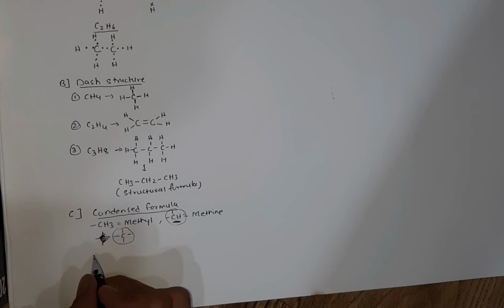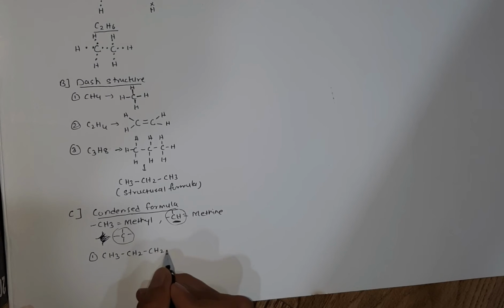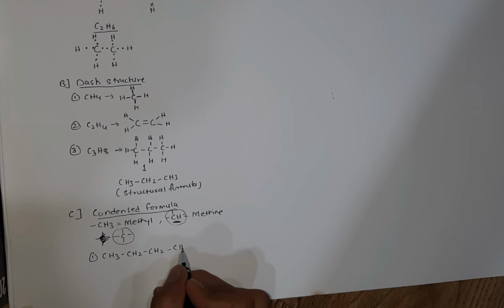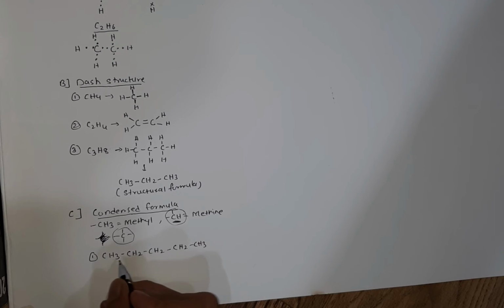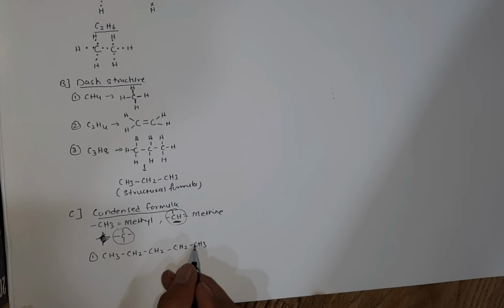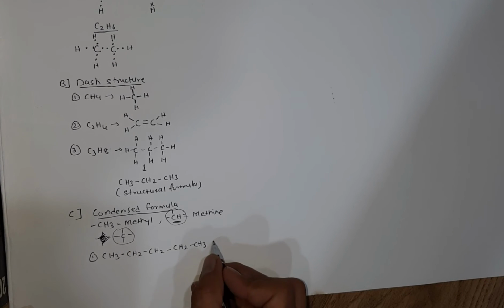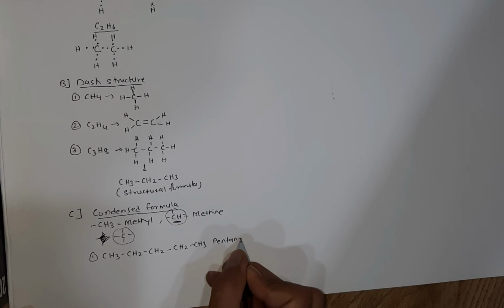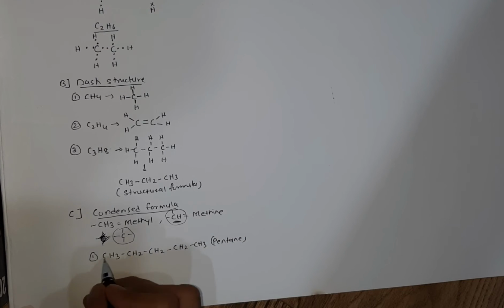Suppose I take a simple example to make a condensed structure: CH3, CH2, CH2, CH2, CH3, 1, 2, 3, 4, 5. This is n-pentane. Now in this pentane, this is one of your methyl groups, CH3.